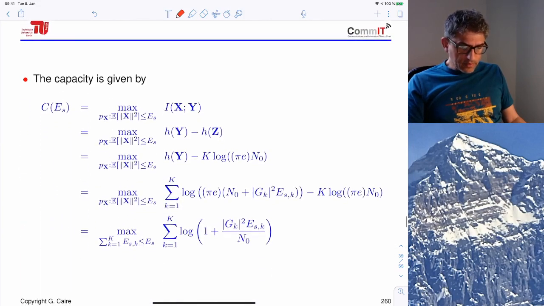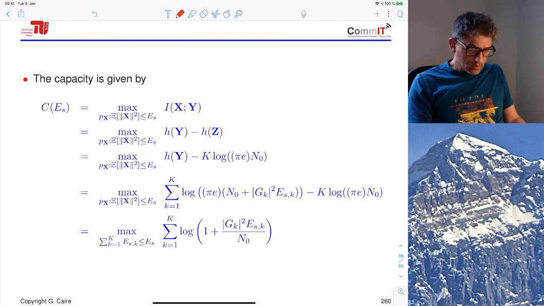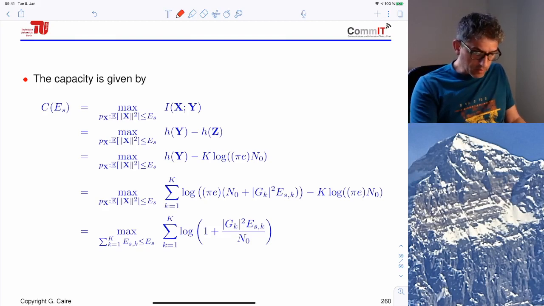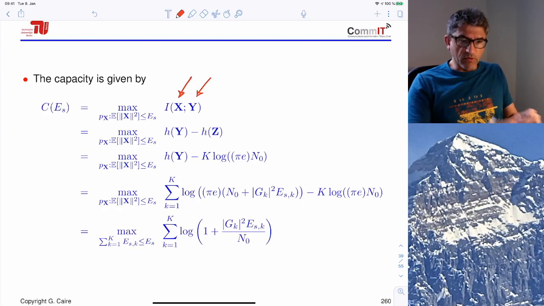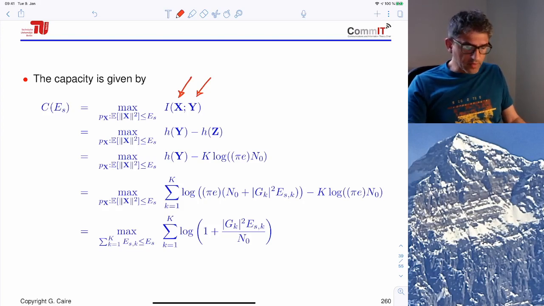So in general, let's fix the optimization in two steps. Step number one, we want to maximize the mutual information. Now the mutual information is between a k-dimensional vector x and the k-dimensional vector y. And the maximization is over all k-dimensional distributions of the input that satisfy the input constraint.